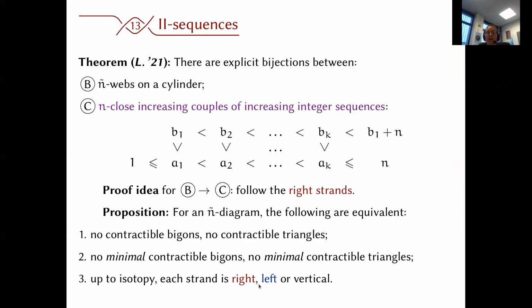For simplicity, all the right strands will be depicted in different tones of red, and all the left strands in different tones of blue. So this will be my convention.